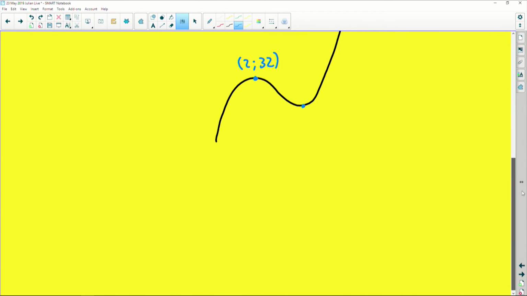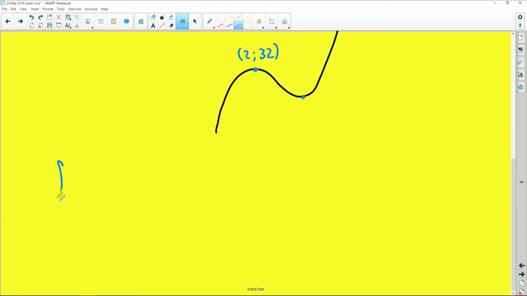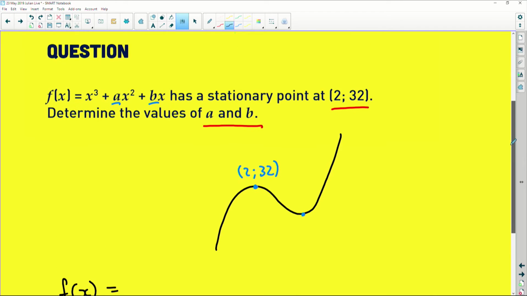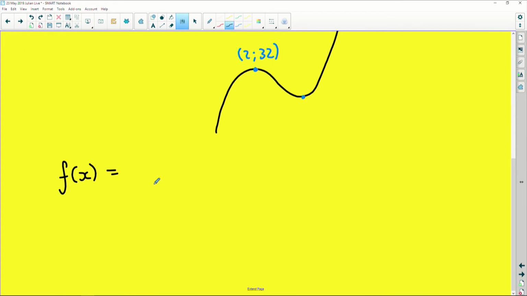So let's have a look at what my first equation is going to be. I'm going to have f of x, I don't like blue, I'm going to write this in black. f of x is equal to x cubed plus ax squared plus bx, and I get given this point (2; 32). So at this point when x is equal to 2, I can equate this to 32.